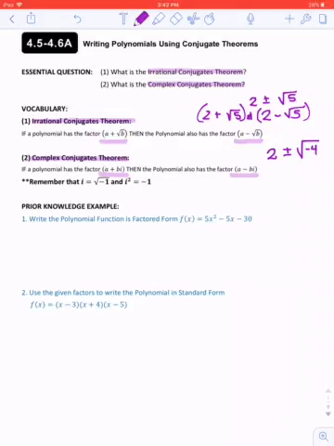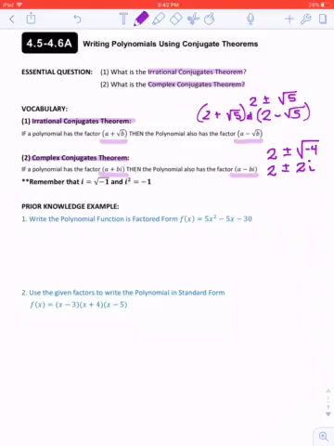So if I have 2 plus or minus the square root of negative 4, well, 4 actually has a root, it has a square root of 2. So I can simplify this answer to 2 plus or minus 2i. So the square root of 4 is 2, but it's a negative 4, so I need to represent it with that imaginary i.